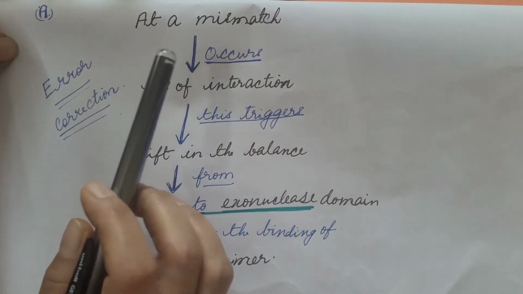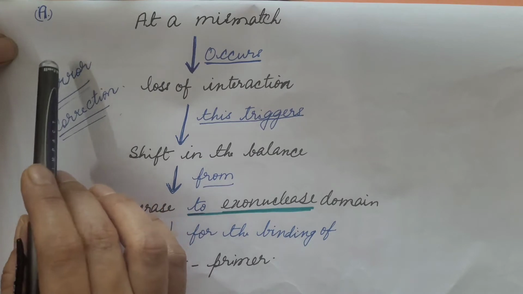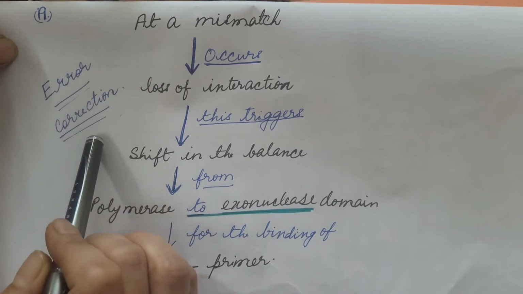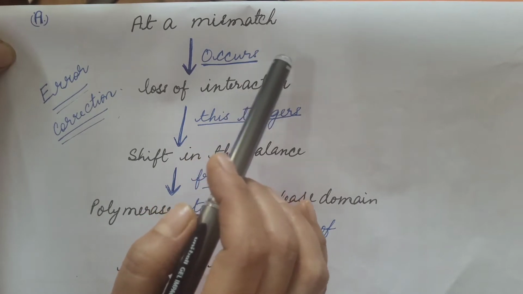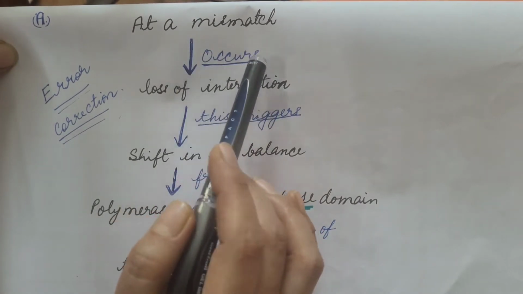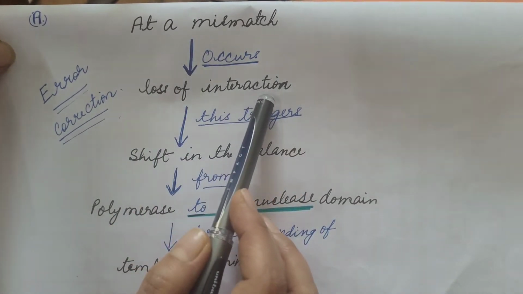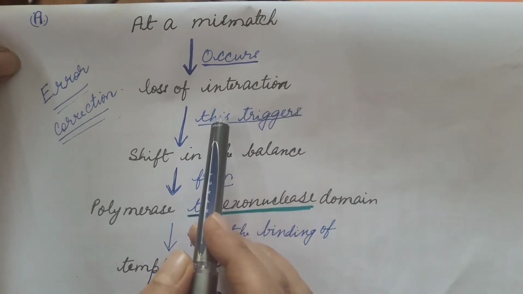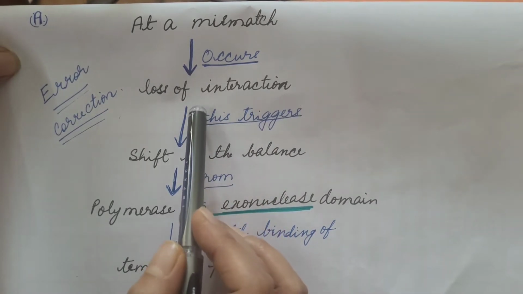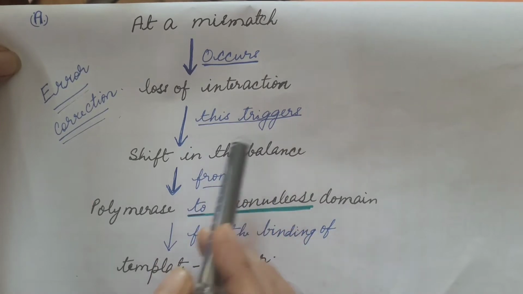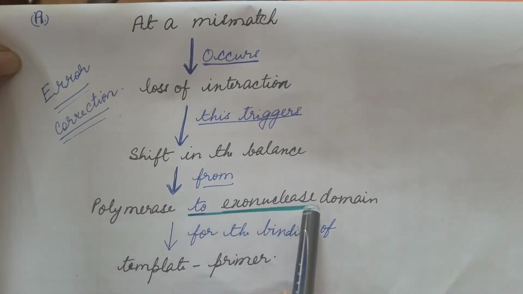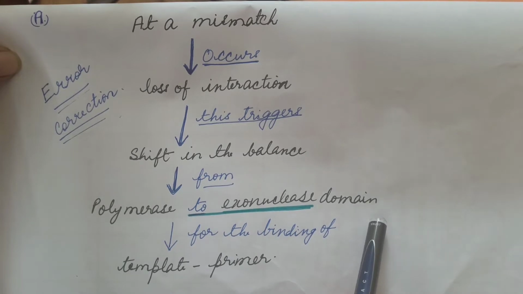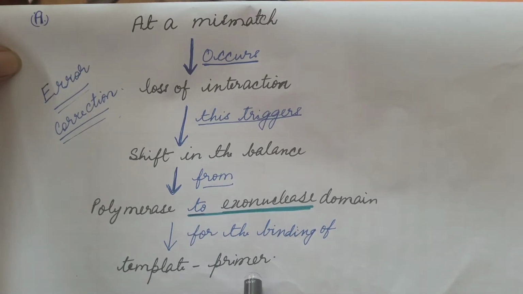So how is it detected, and then how is the correction of the error done? At a mismatch, that is, if there is a mismatched base pair, then there occurs loss of interaction between the base pair, and this loss of interaction triggers a shift in balance from the polymerase to the exonuclease domain for the binding of the template primer.